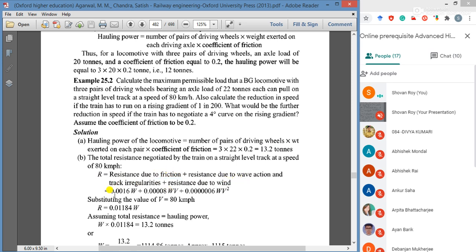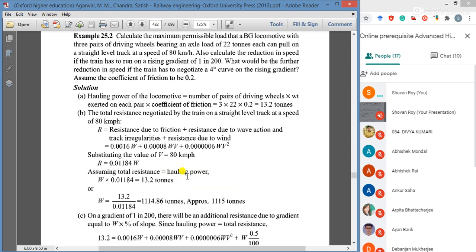Resistance due to friction is 0.0016 W. Resistance due to wave action and track irregularities is 0.0008 WV, plus resistance due to wind is 0.000006 WV squared.